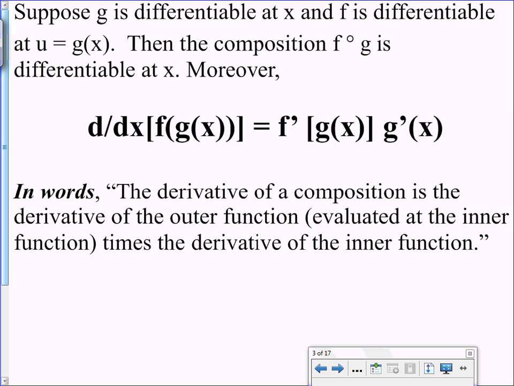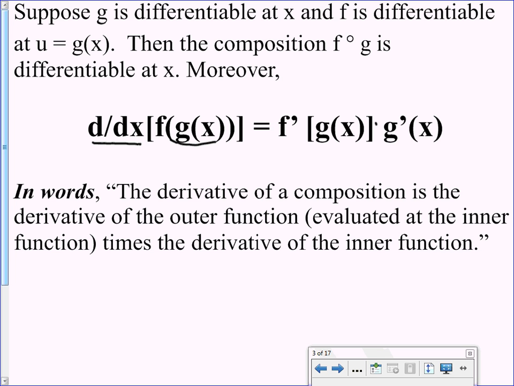What the chain rule says is that if you want to take the derivative of f of g of x, you have to take the derivative of the outer function. So the outer function is f, so f prime evaluated at the inside function. We leave that inside function g of x alone. So f prime of g of x times the derivative of the inside function.